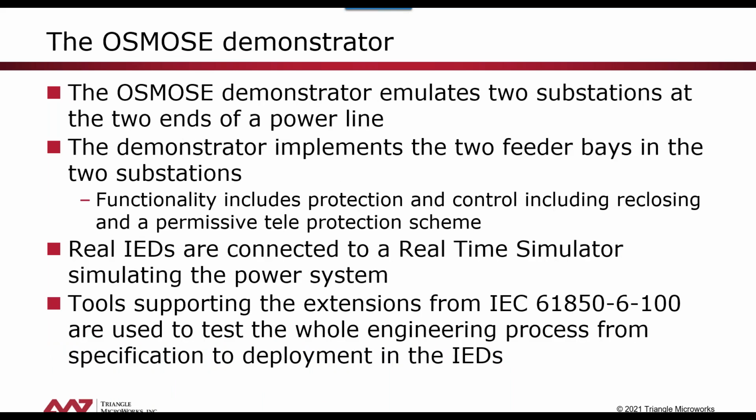The demonstrator emulates in principle 2 substations at 2 ends of a power line. It implements the 2 feeder bays in the 2 substations. Functionality includes protection and control, including reclosing and a permissive teleprotection scheme.